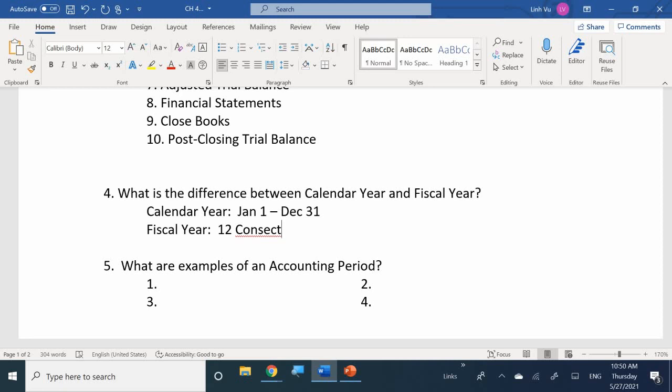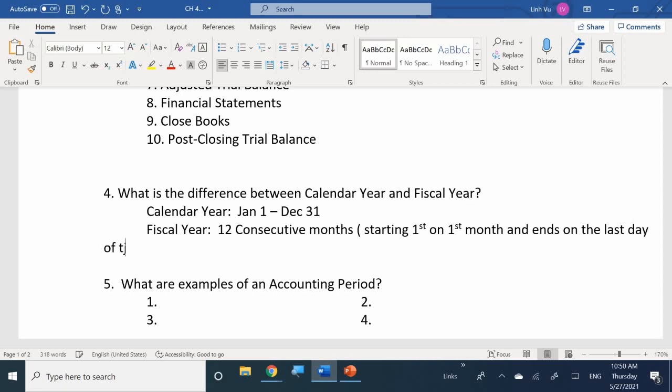Consecutive months, starting on the first day of the first month and ending on the last day of the 12th month.